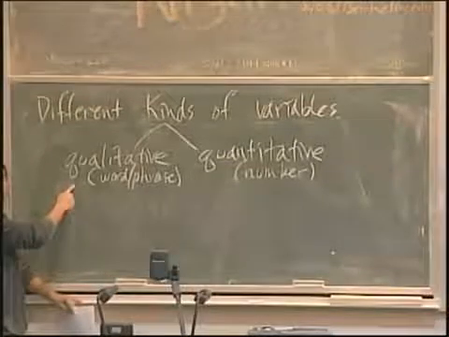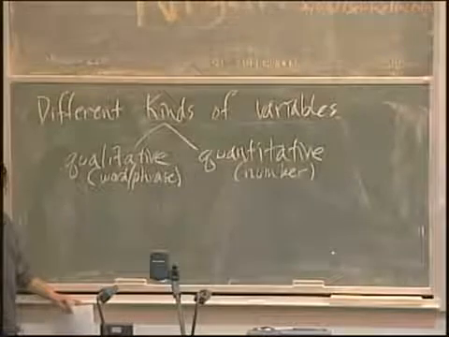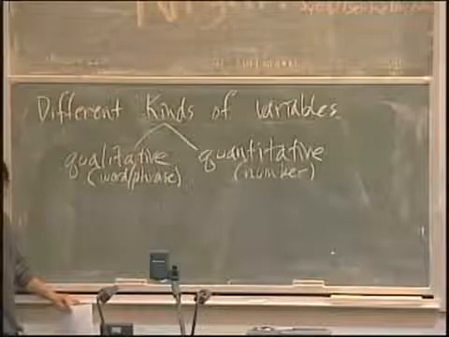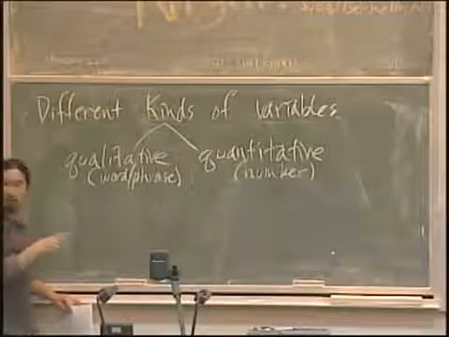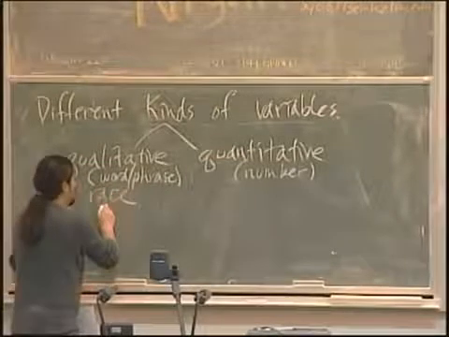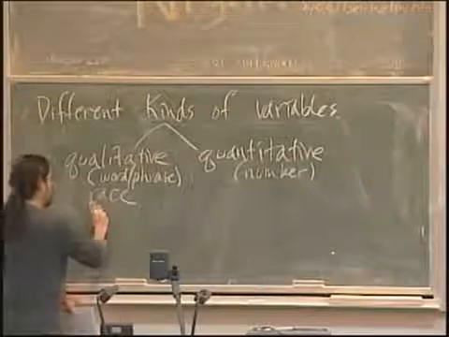Like characteristics of you that you would describe with a word rather than a number? Race, yeah, blood type.